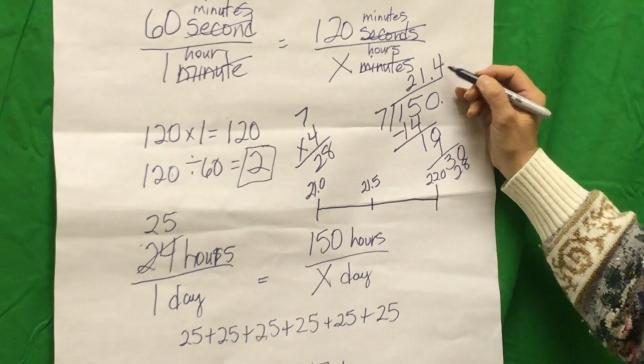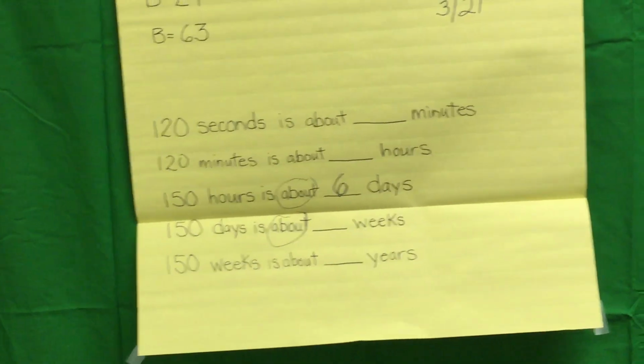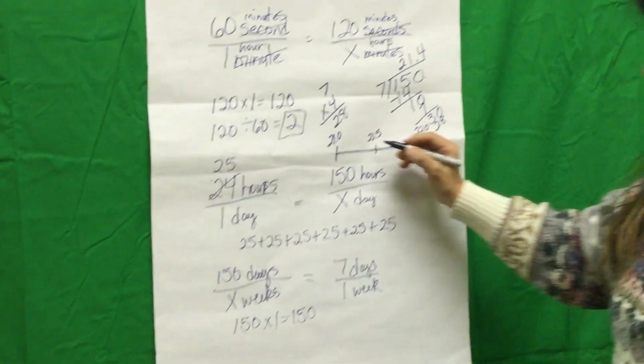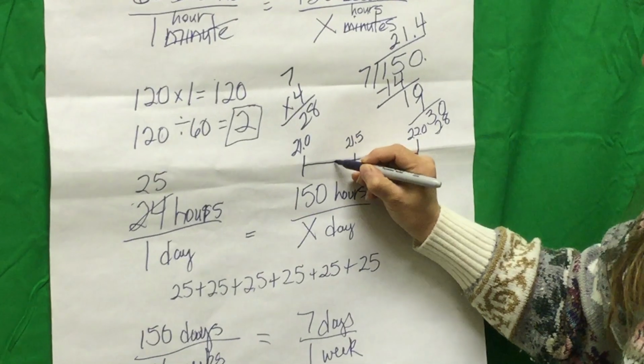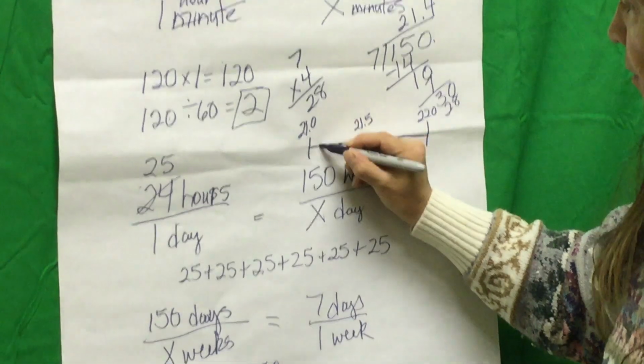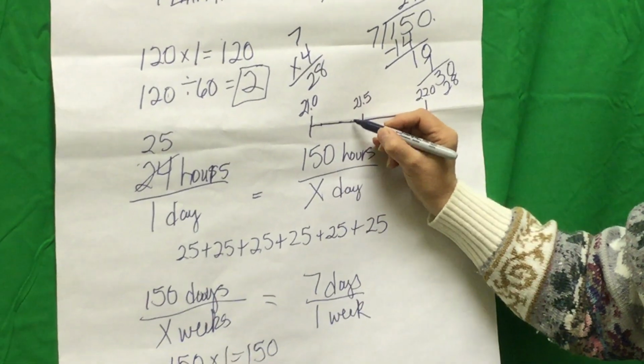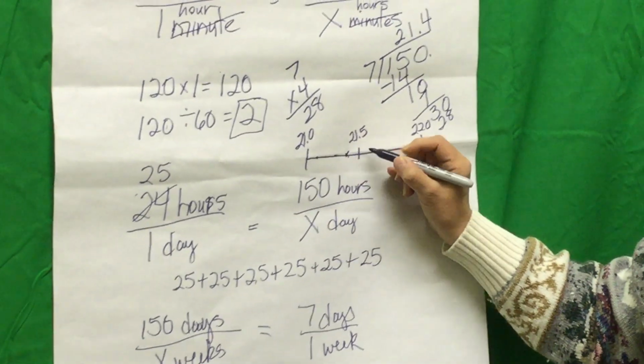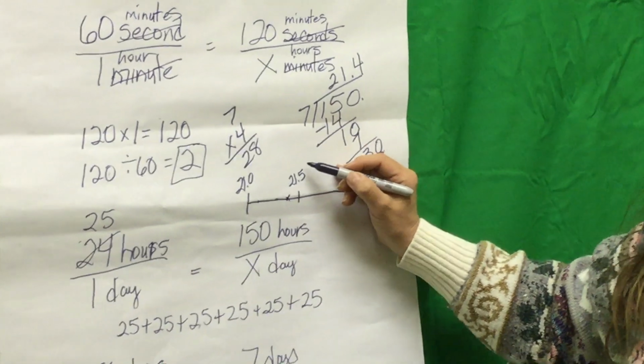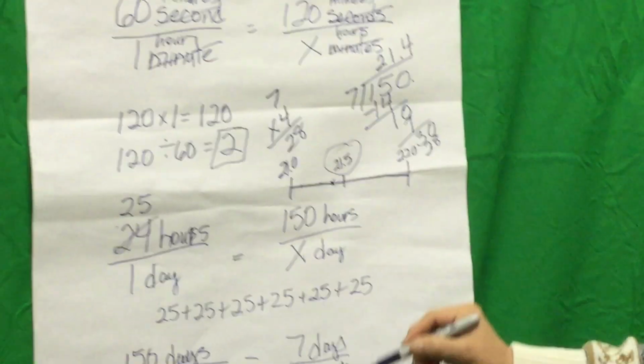And we're looking at, because again, it's about, and so we're at 21.4, and that would be about right there, 21.1, 2, 3, 4. So that would be about 21 and a half weeks.